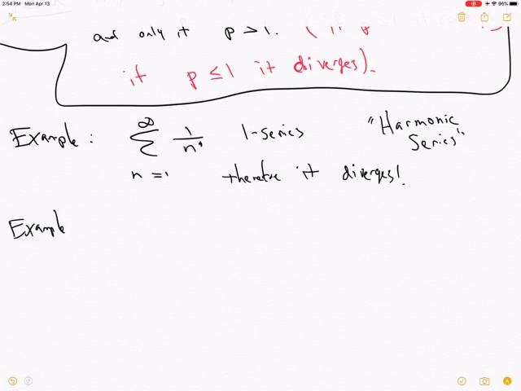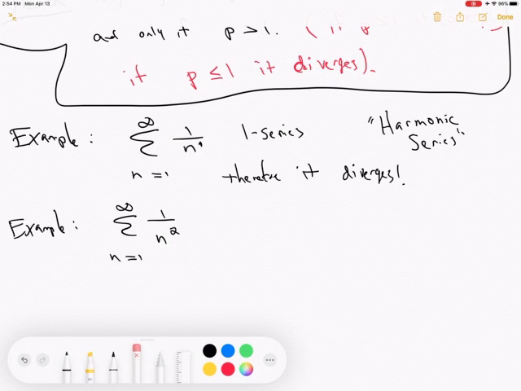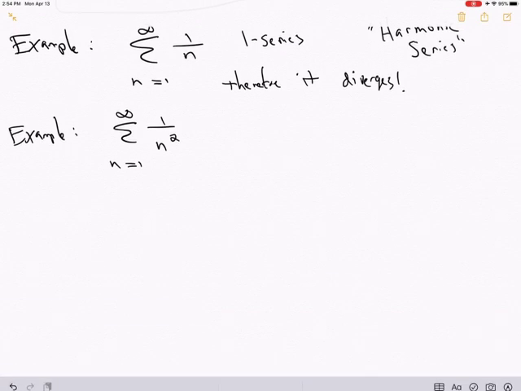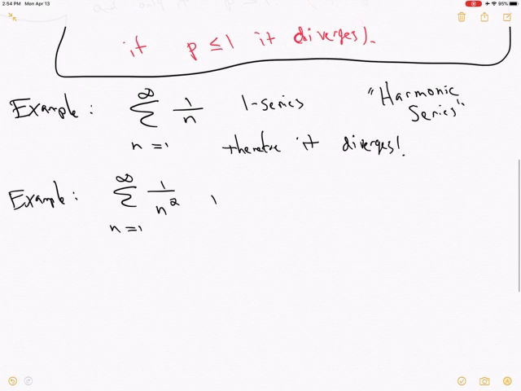What if we did this? Summation n goes from 1 to infinity of 1 over n squared. So in this case, this is what's called a 2 series, and therefore it converges.